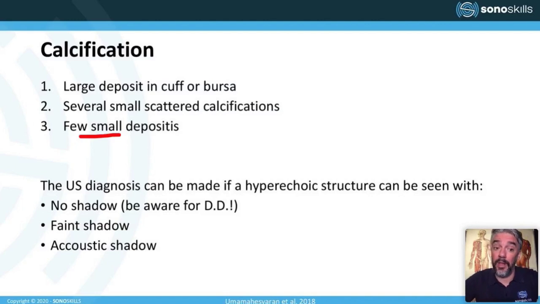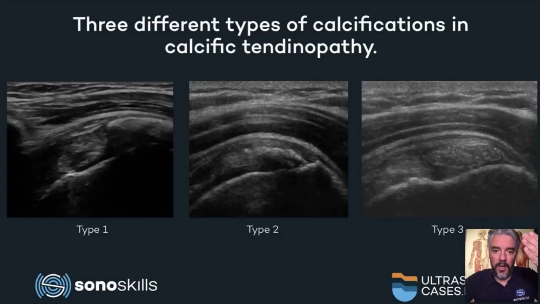It can be small, it can be few, but it can also be a lot of punctate deposits. So it has quite a various appearance. So they can produce a lot of shade, or faint, or sometimes no shade. And if there is no shade, I will show an image of that, then you have to be careful, because you might miss them in your image, because the hyperechoic calcification blends into the hyperechoic tendon.